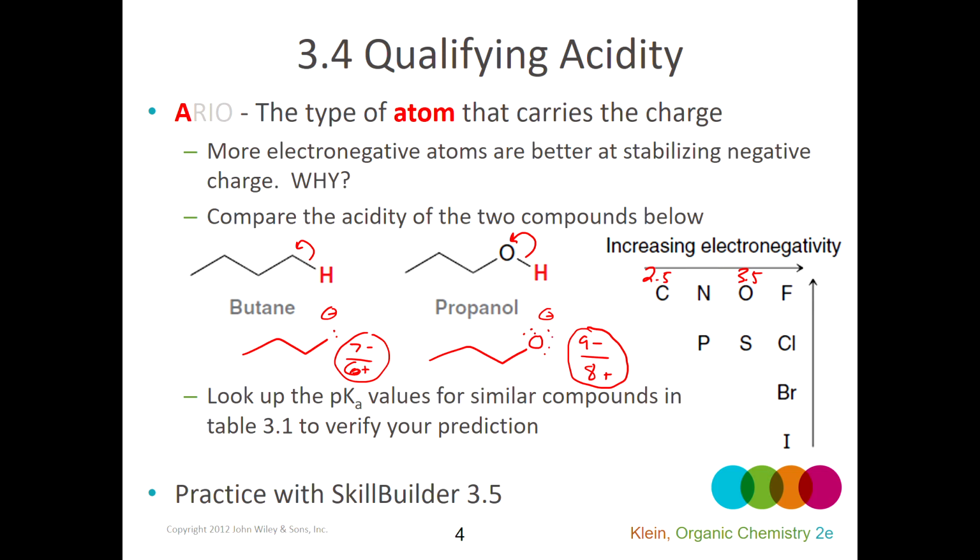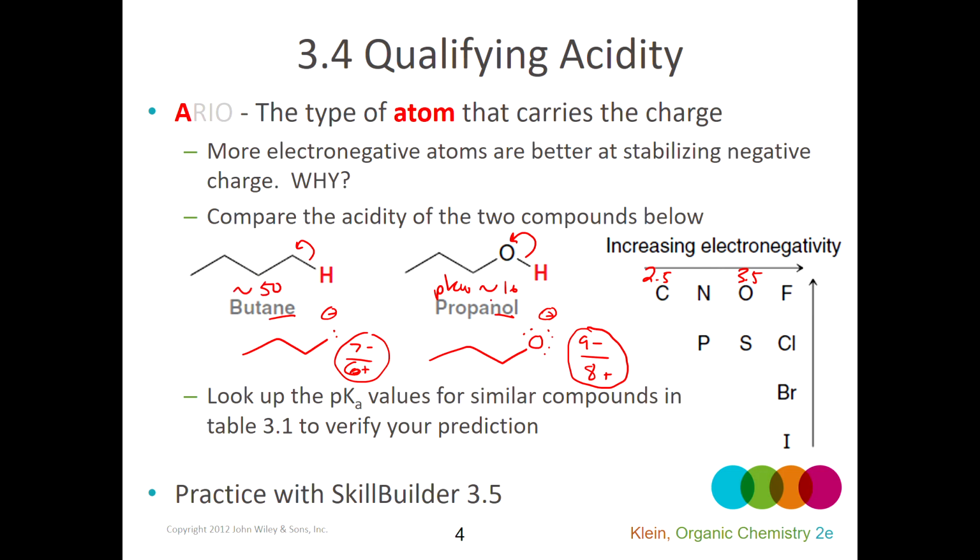That means that it also naturally, and this is also due to the extra protons it has, pulls the electrons in closer. So the repulsion created by having too many negatives in one area is offset somewhat by the fact that I've got extra positives to pull those in tighter and form stronger attractions with the nucleus. So if we looked at the different pKa values for an alcohol, like propanol, versus an alkane like butane, we see that propanol's pKa value is around 16 and butane's is around 50.